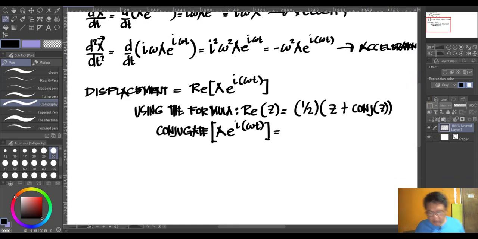Now the conjugate of my displacement, my function z, is equal to A, multiplied by the value of e again. So let's go back to my previous lecture.